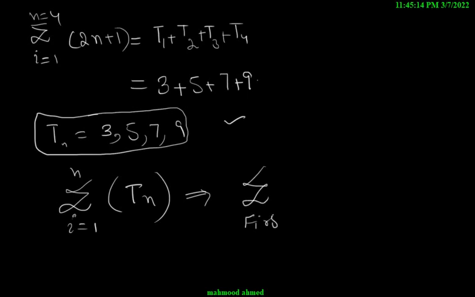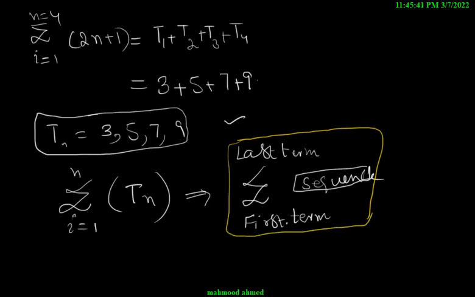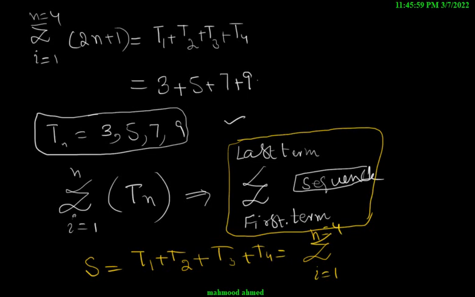So when it is written like this, i is equal to 1, here we write the first term, here we write the last term, and here we write the sequence, and this whole expression means the sum of t1 plus t2 plus t3 plus t4, and this is equal to the sum from i is equal to 1 to n is equal to 4 of 2n plus 1.